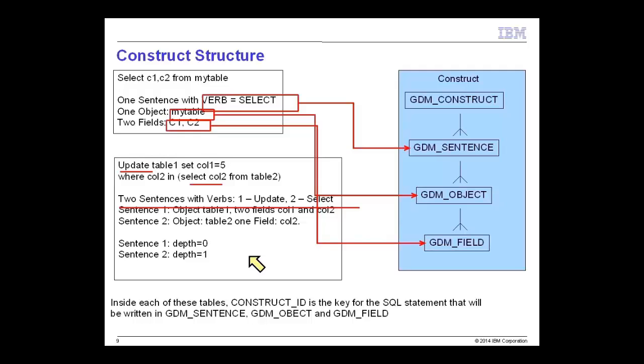One more word. The fields are linked to a specific object in all cases where this can actually be determined. An example: I can do a select column 1 from a join of two tables.